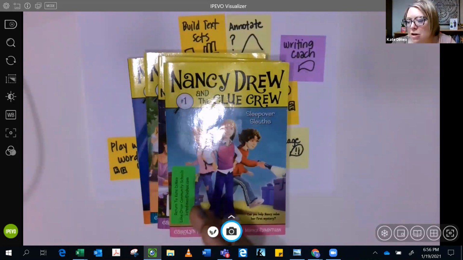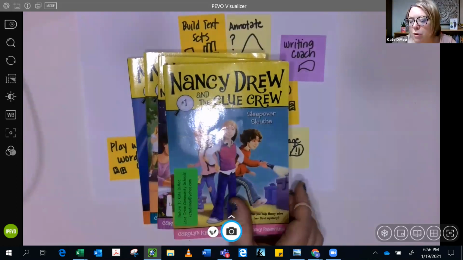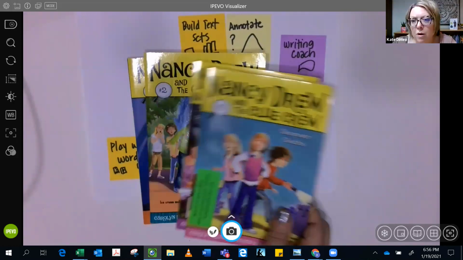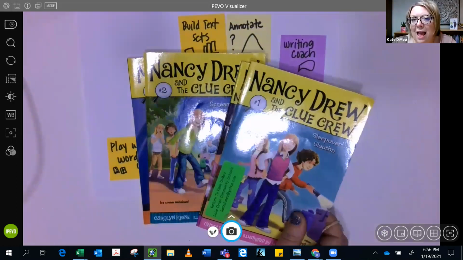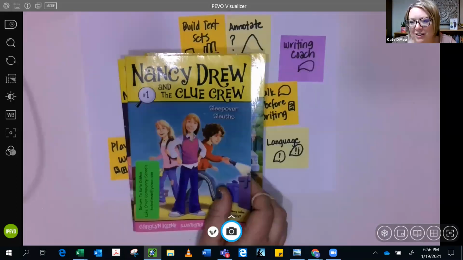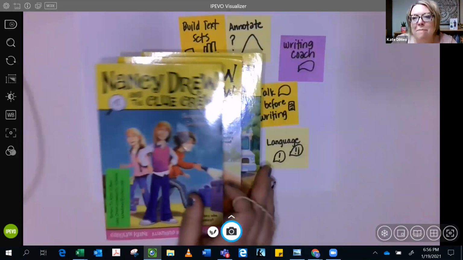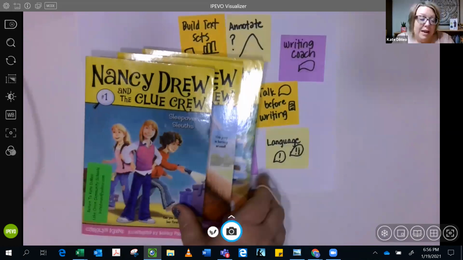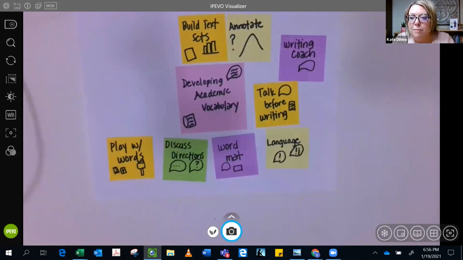They'll get to know the characters, the setting, so much about the book. So when they go to read book 2 on their own, book 2 will be easier. And book 3 will be even faster. And book 4 will keep that fast pace. So you can even think about fiction in terms of text sets.